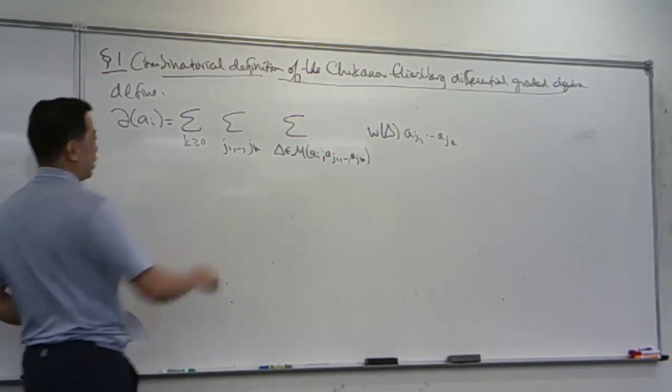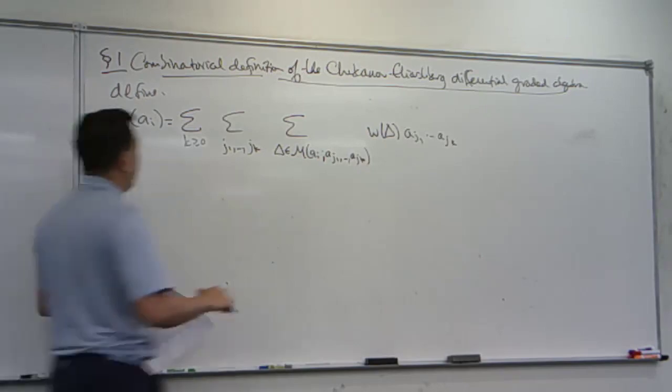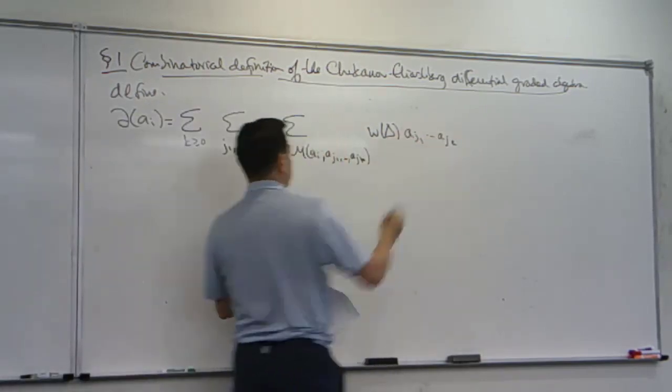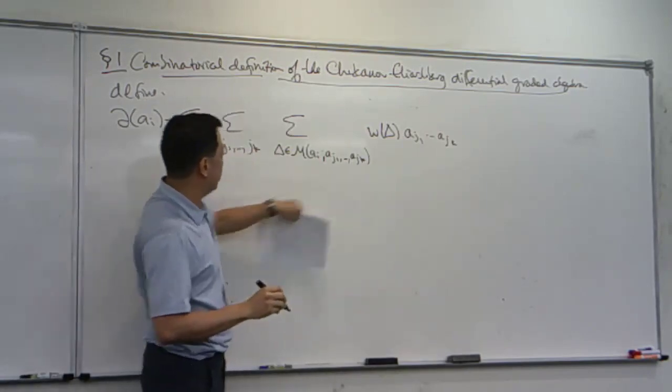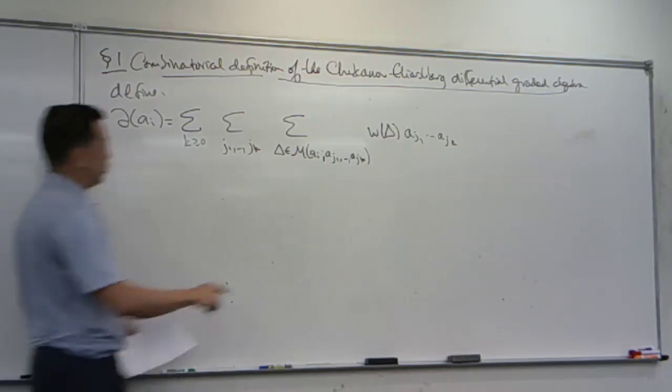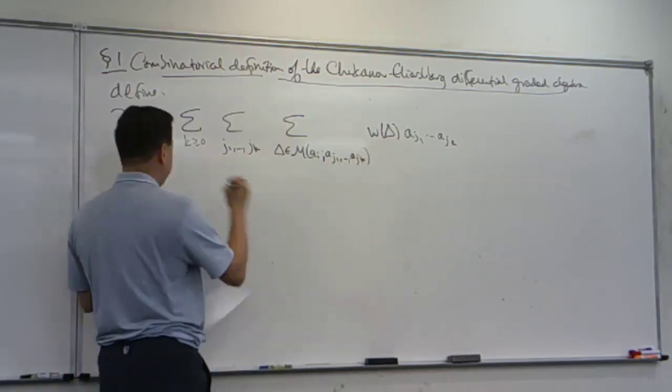So I'm summing over all possible ways to do this. The simplest thing to say is that it's just the negative quadrants, the quadrants that have minuses on them. But then there's some decoration in front of this, which I'm writing as W(delta).